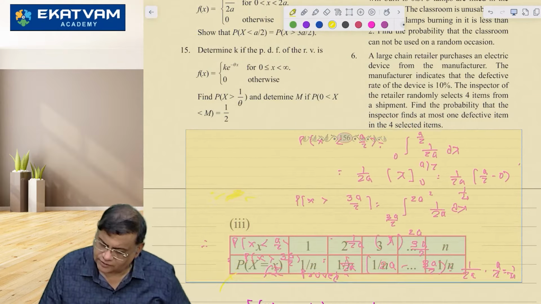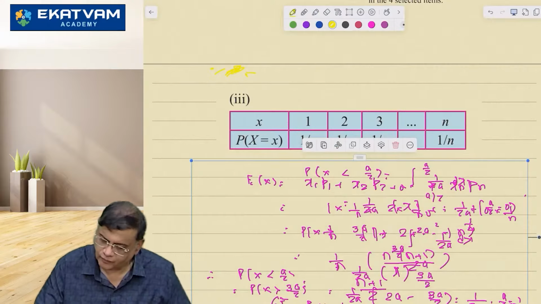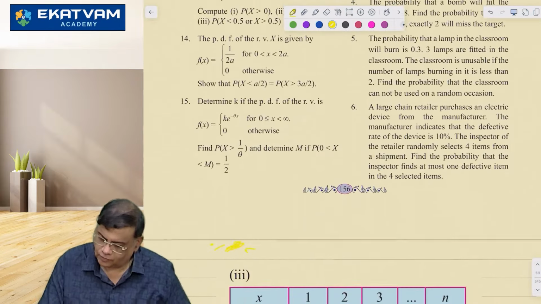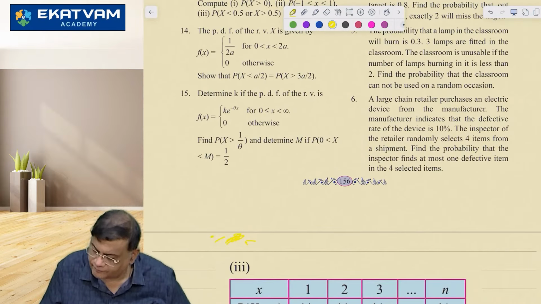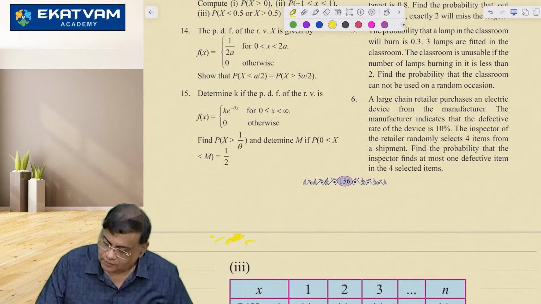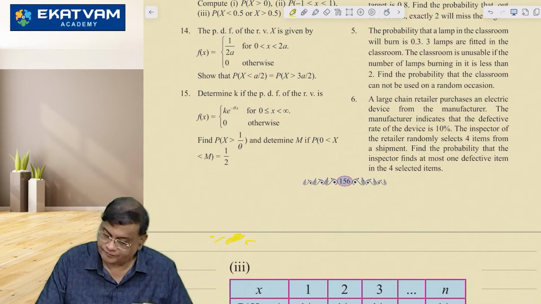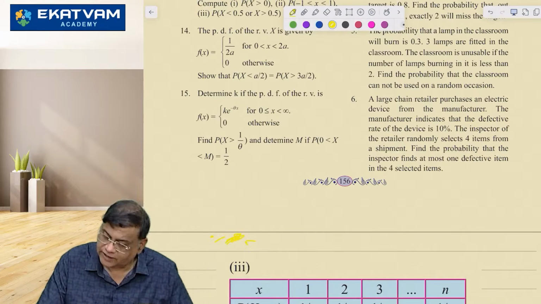Then consider the 15th one. What does it say? Find the value of k. Listen. Good question. Find the value of k. What will we say?